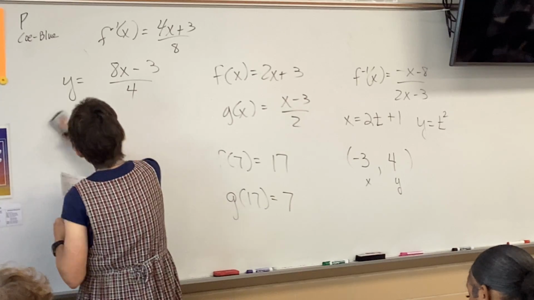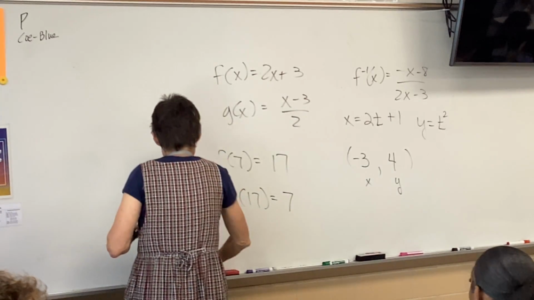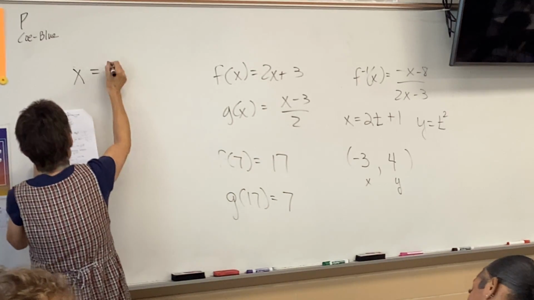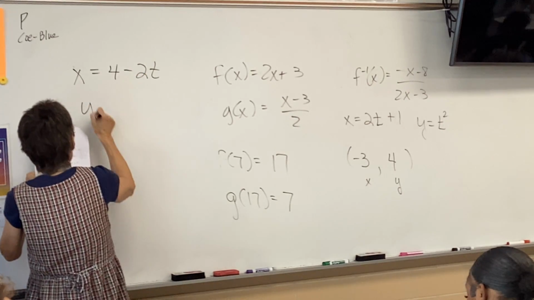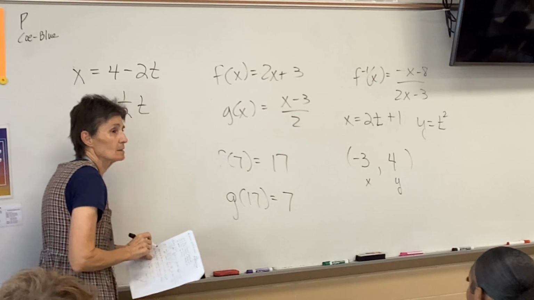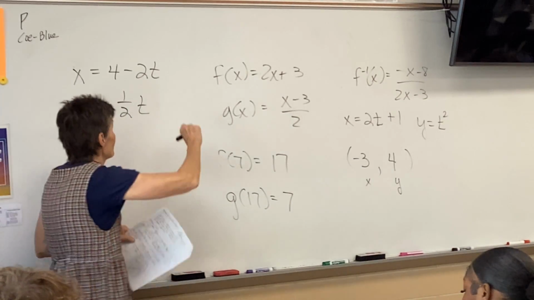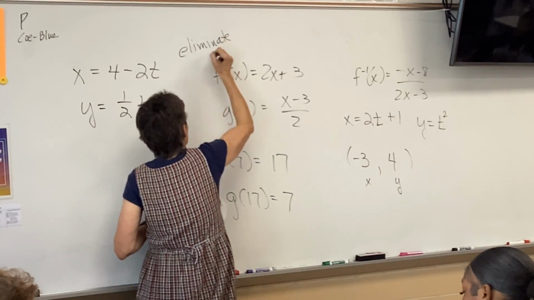Who remembers from yesterday, I had you add it in your notes too. What do these directions in number 10 mean? What am I supposed to do in problem number 10? Eliminate t. I need to eliminate t.